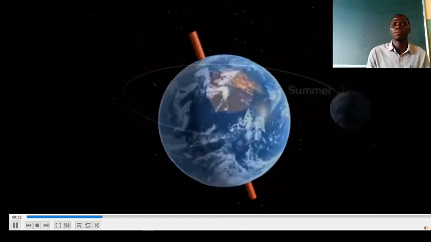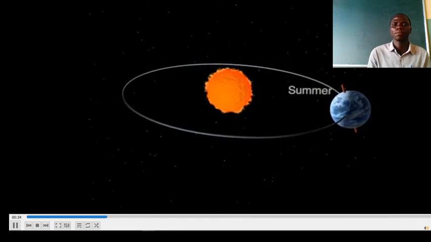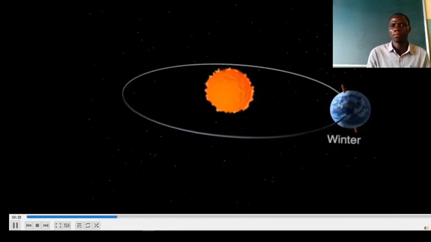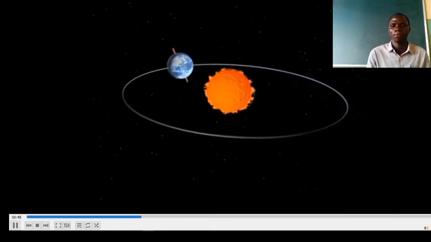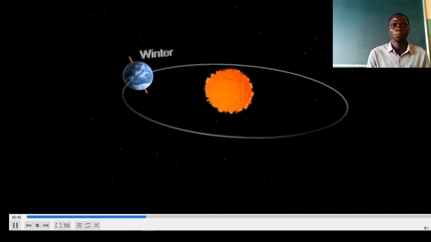When the axis tilts toward the sun, the northern hemisphere experiences summer, while the southern hemisphere experiences winter. In half a year, the Earth will revolve elliptically, counterclockwise around the sun, while the axis stays tilted at 23.5 degrees. When the axis tilts away from the sun, the northern hemisphere experiences winter, and the southern hemisphere experiences summer.